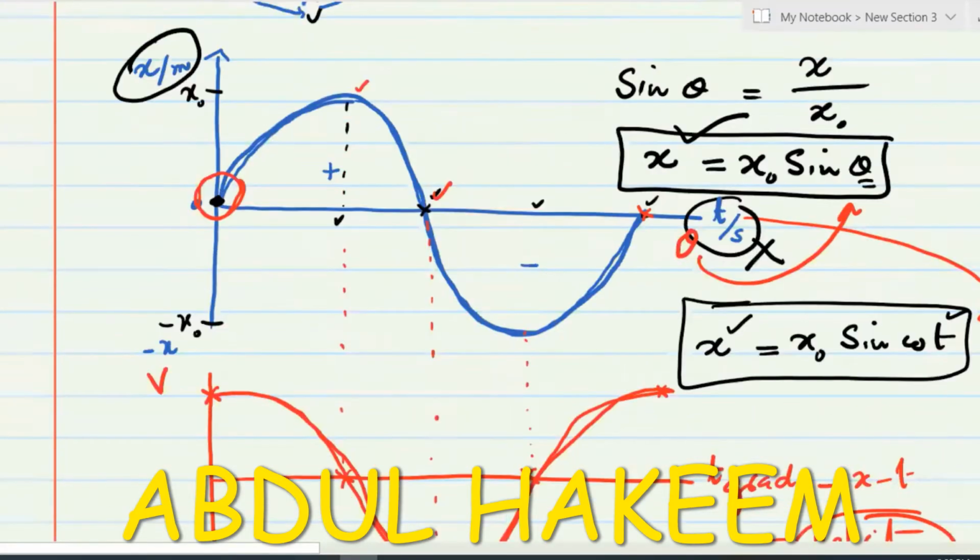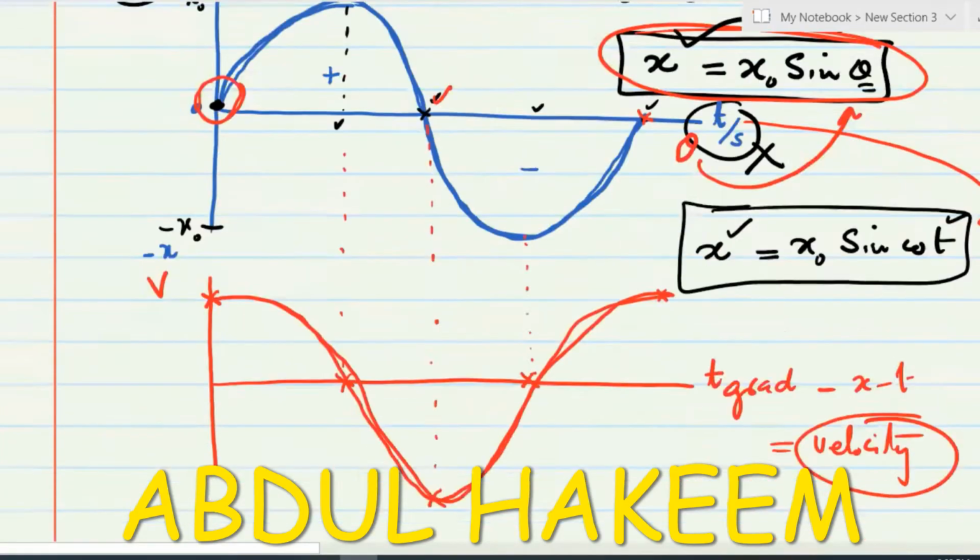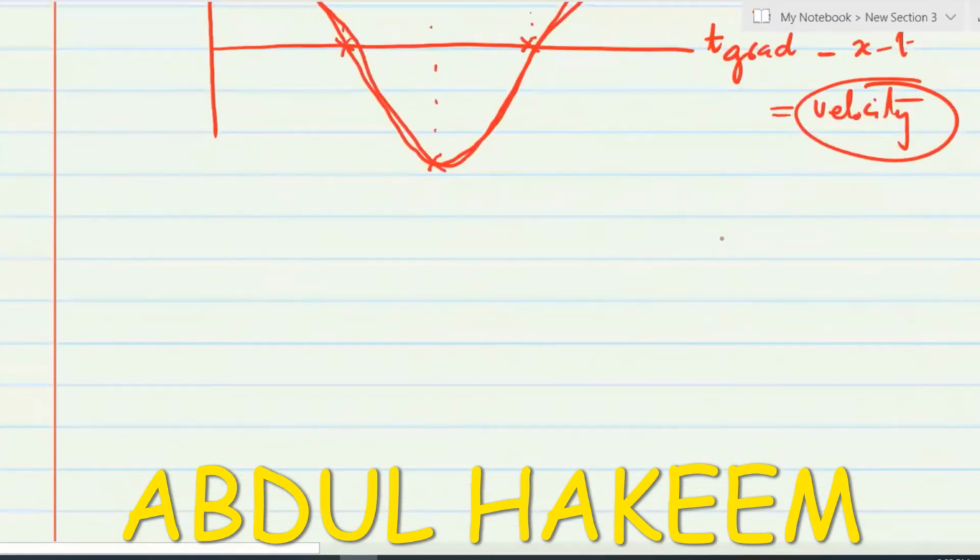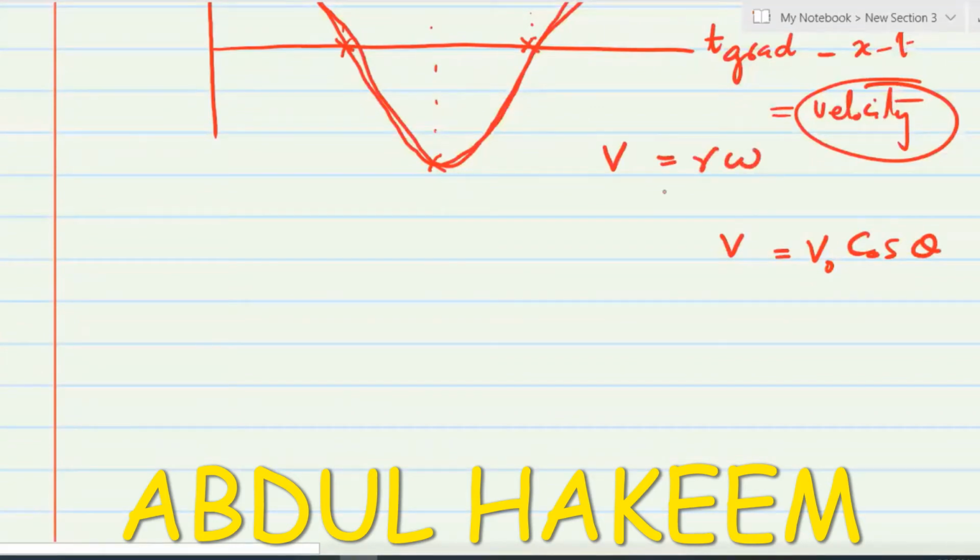For the sine, we wrote here x is equal to x naught sine theta. So similarly, we can write v is equal to v naught cos theta. But we know that velocity in circular motion is r omega.